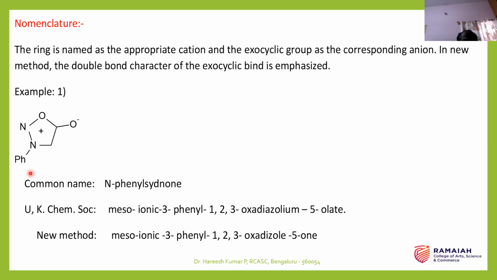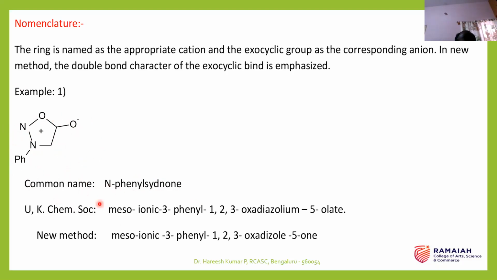This is a phenyl, and two nitrogens are adjacent, and there is a positive charge in the 5-membered ring and a negative charge outside the ring. The common or trivial name of this compound is N-phenylsydnone.